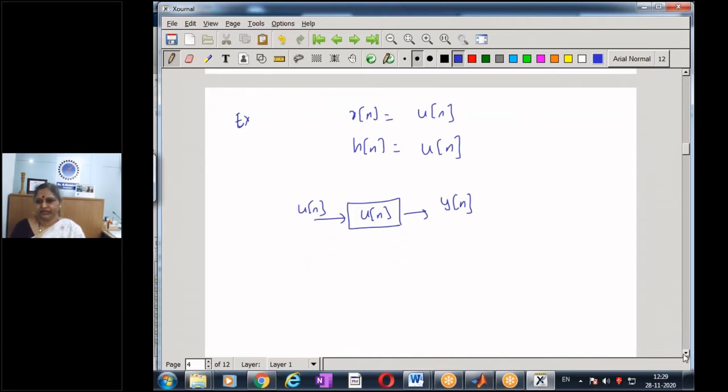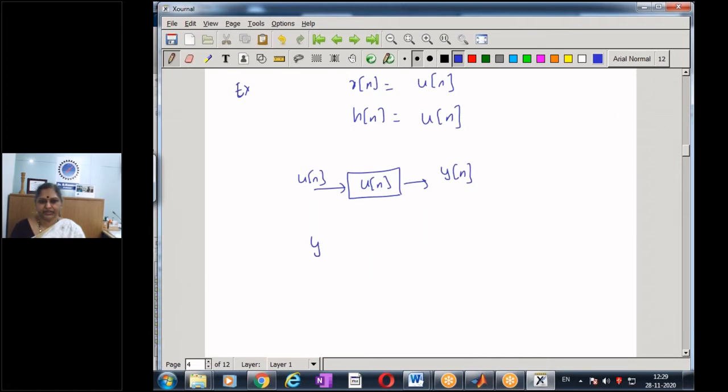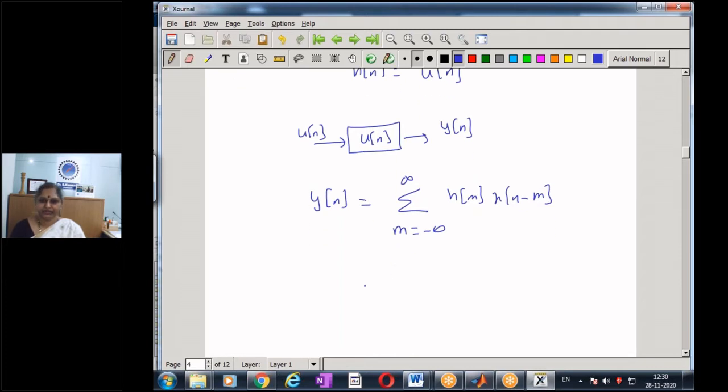For this, let's consider the direct equation. By the convolution sum, we have the result as the sum from minus infinity to infinity of h of m x of n minus m. In the given example, h of m is nothing but u of m, and x of n minus m becomes u of n minus m.